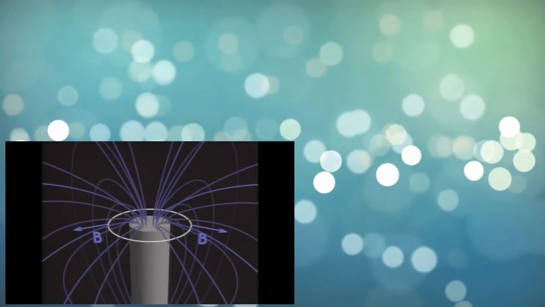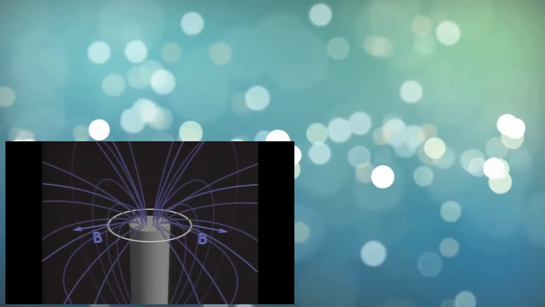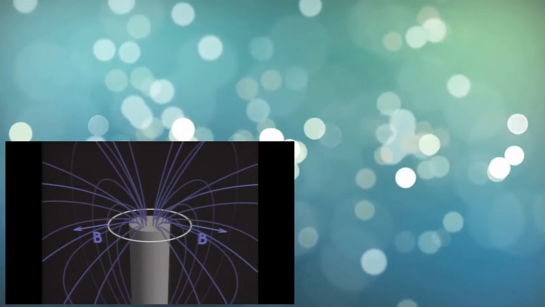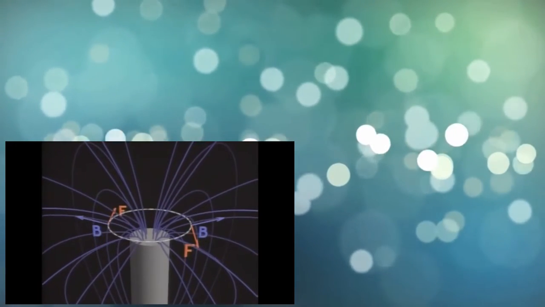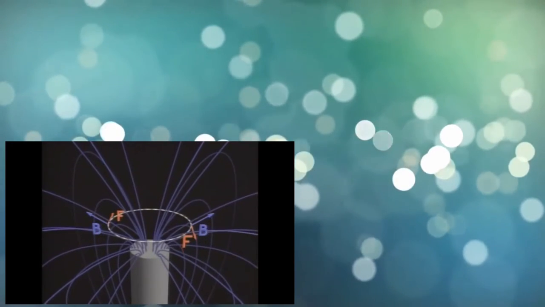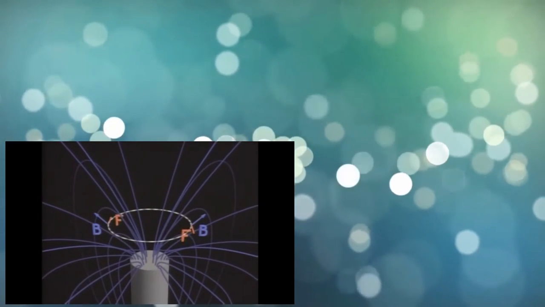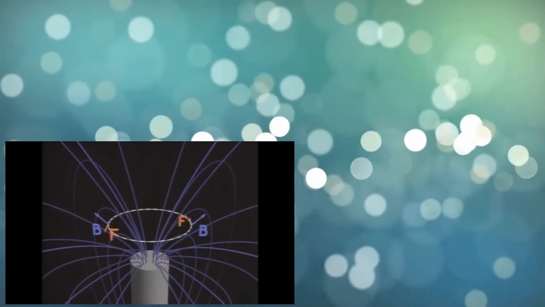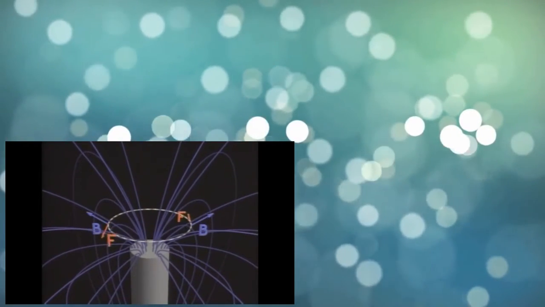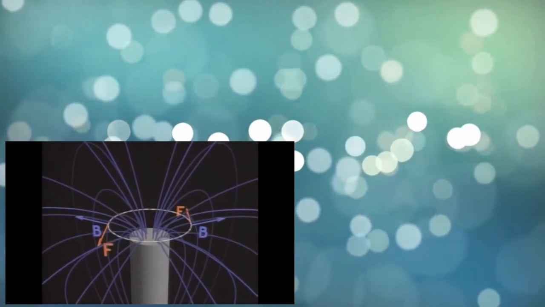Of course, a current also flows if the loop stands still and the magnet moves. One way if the magnet moves downward. The other if the magnet moves upward.